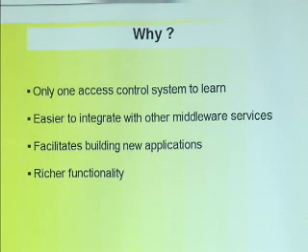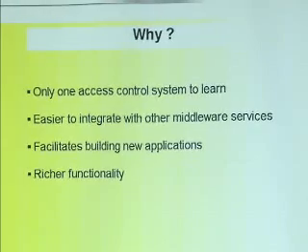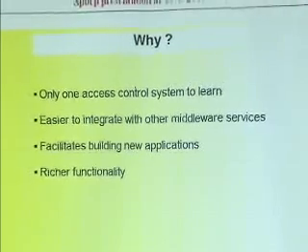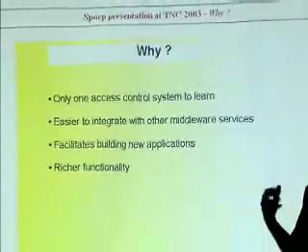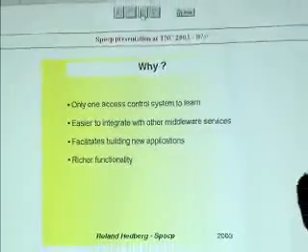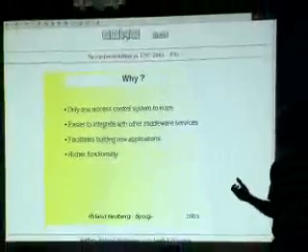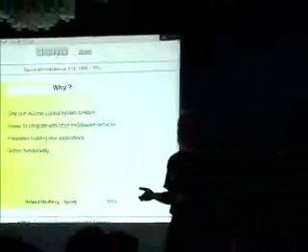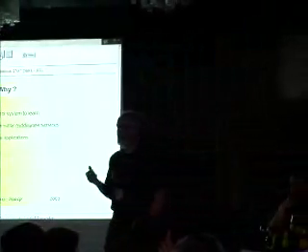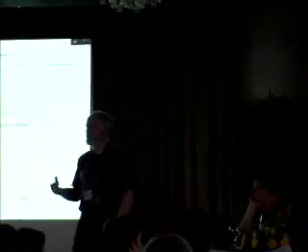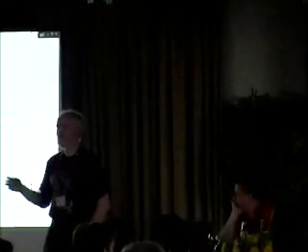There's one for SendMail, another one for FTP, another one for any application you name. If you have the possibility of having one access control system for all these applications, you just have to learn one. And that makes it much easier when you're switching personnel, for instance. So the new ones coming in only have to learn one of them.